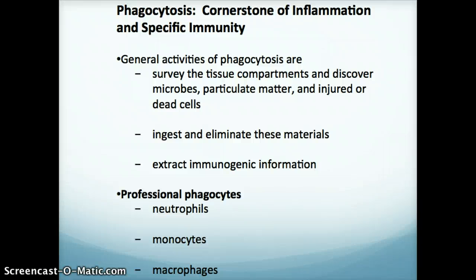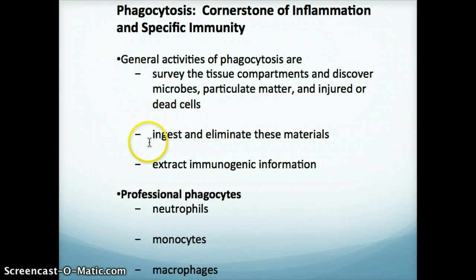It's the key here. So the general activities of phagocytosis are really 3-part. The cells within phagocytosis, which are the professional phagocytes, neutrophils, monocytes, and macrophages, will survey tissue compartments and look for microbes, particulate matter that shouldn't be there, and even look for injured or dead cells.